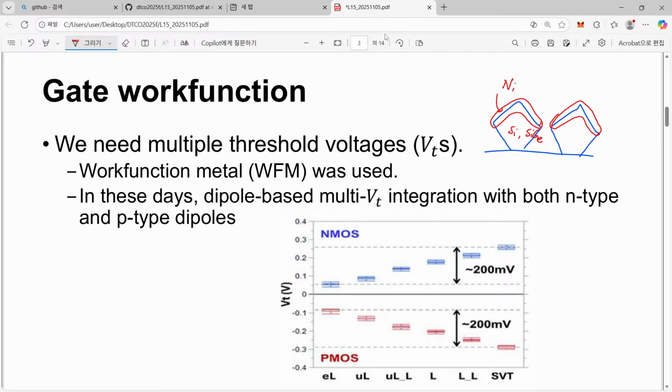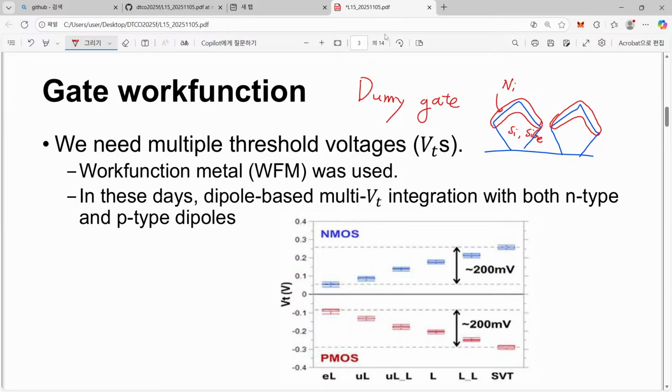And now let's come back to our original lecture. Now we are done with the source drain formation. Then the remaining part is making the gate. Where can you make a gate? Of course, in the place made by dummy gates.